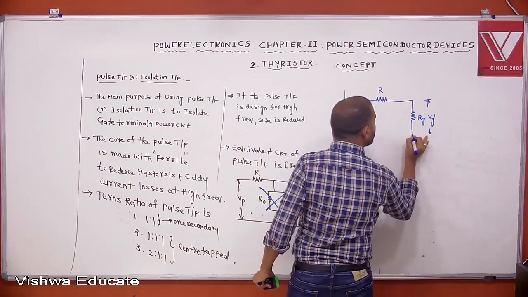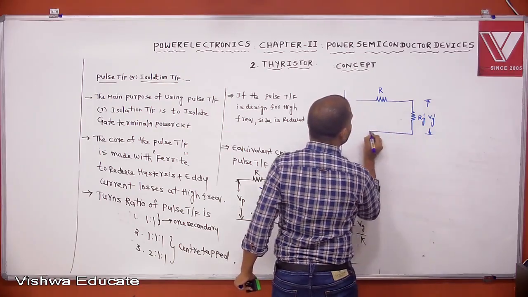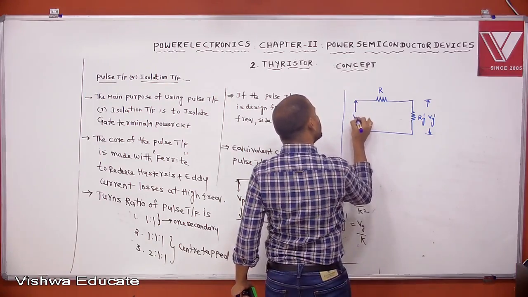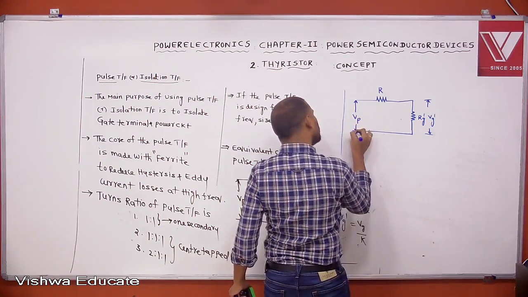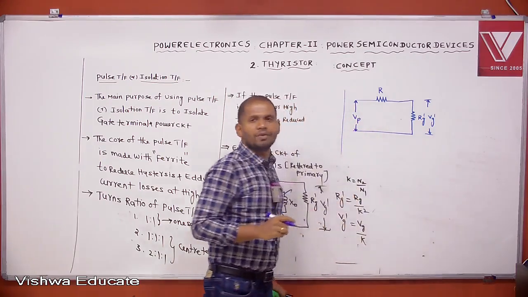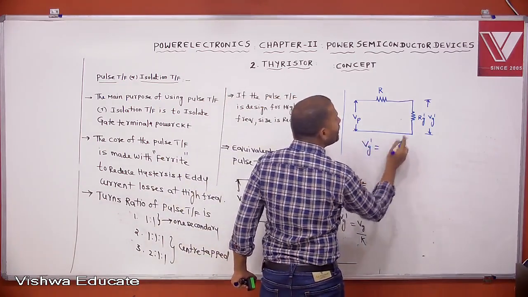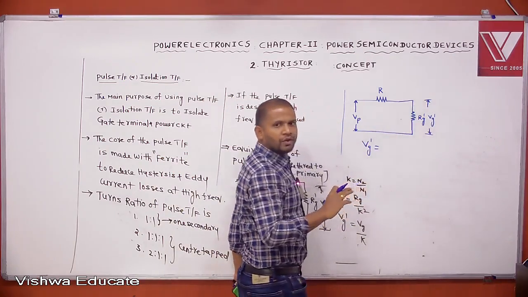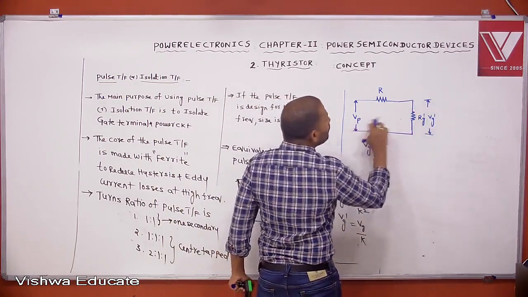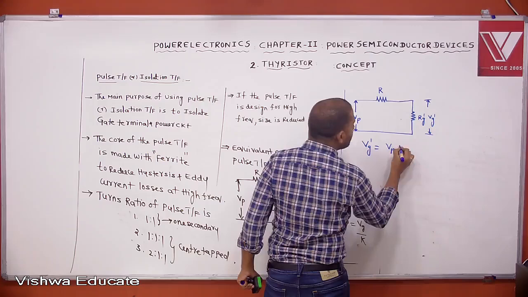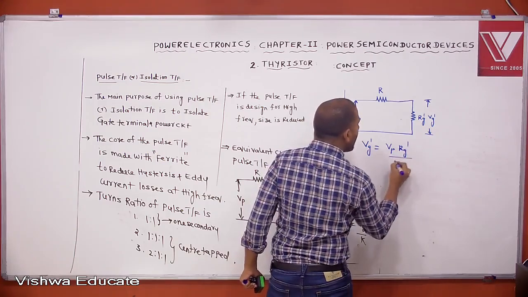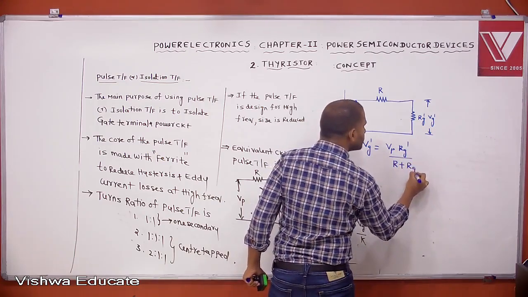Okay, this voltage is VG dash. This voltage is primary voltage VP. This is simplified. Now from this, how to write VG dash? Voltage divider rule. Then VG dash equal to VP into RG dash by R plus RG dash.